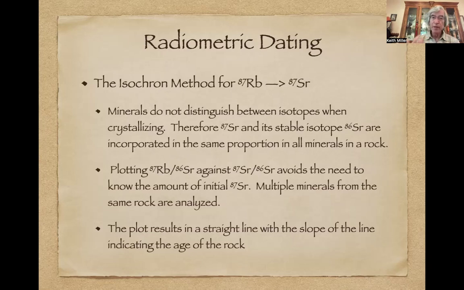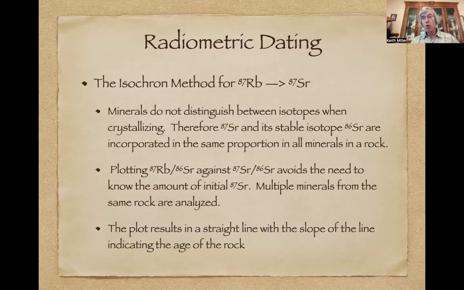So if you make a plot of rubidium, which is the radioactive parent, against the stable strontium, and the stable daughter, which is strontium 87, against the common stable strontium 86, you don't need to know the amount of initial radiogenically produced strontium 87.